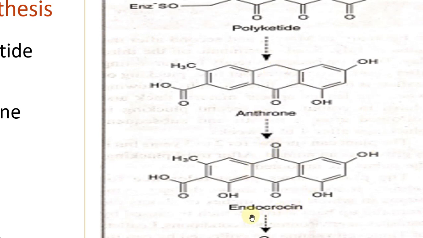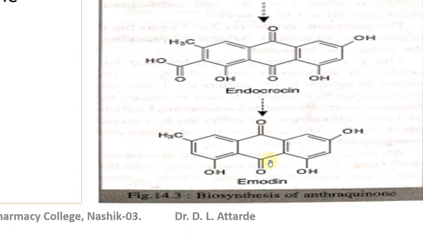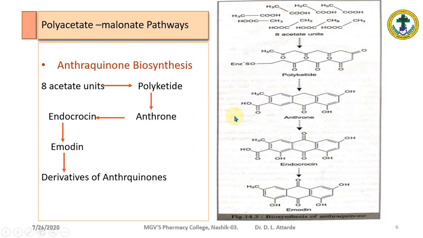So it becomes endocrocin. This occurs because of enzyme actions, and several steps are involved. So polyketides lead to the formation of anthrone, endocrocin, and finally emodin type of compound. Here the carboxylic group is lost, which gives emodin. There are several other derivatives of anthraquinone, but these are the starters for the formation of anthraquinone forms.